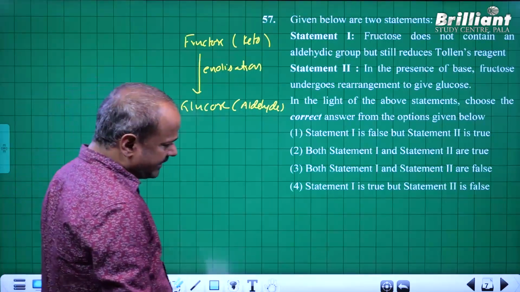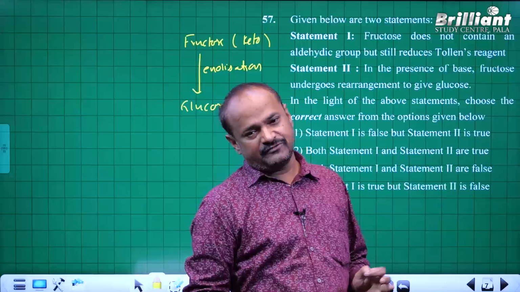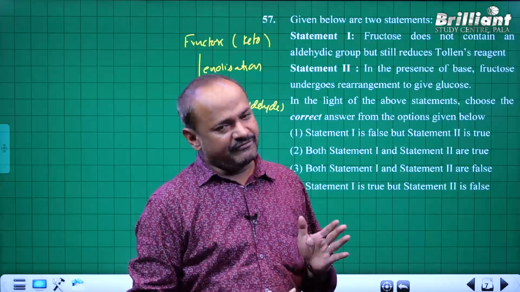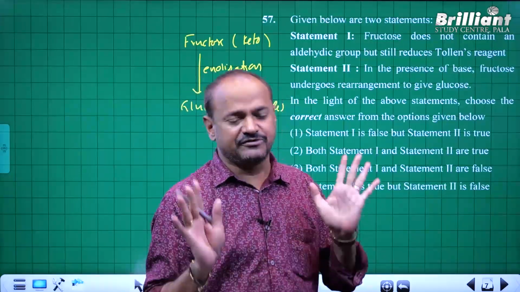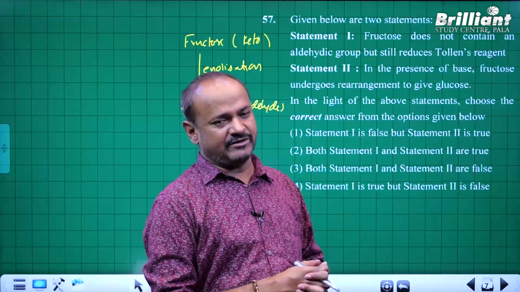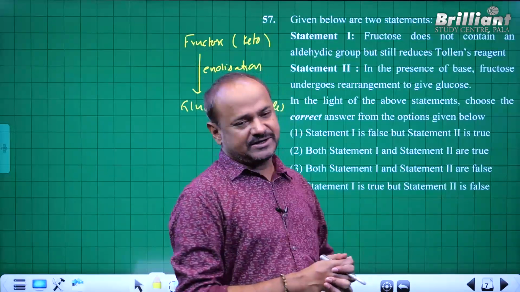But what is the required condition for enolization? This is only for Tollen's and Fehling's, but there is no reaction with Schiff's reagent. Very important: fructose does not react.